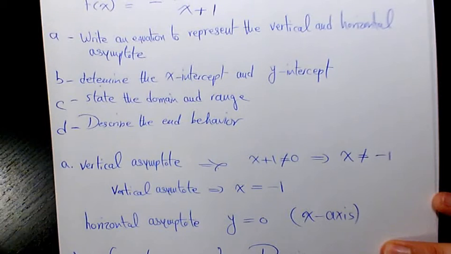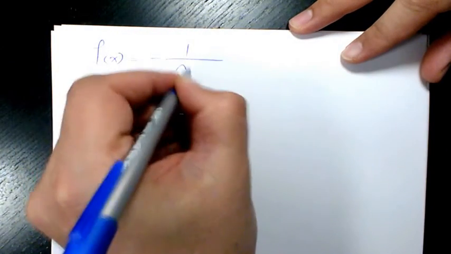Now let's describe the end behavior. I'm going to write the function again: -1 over x plus 1.